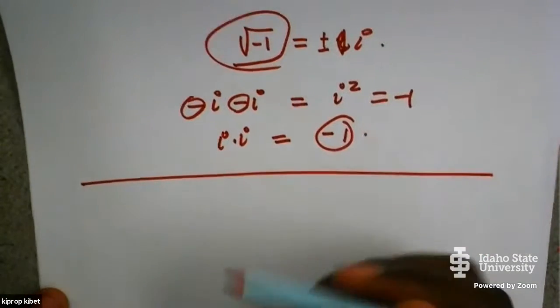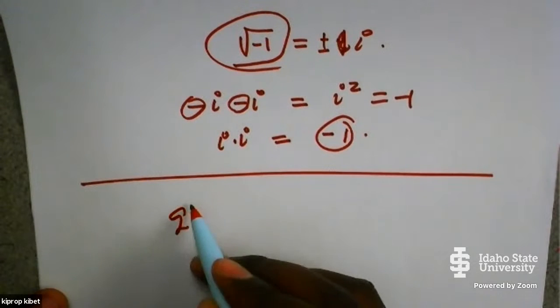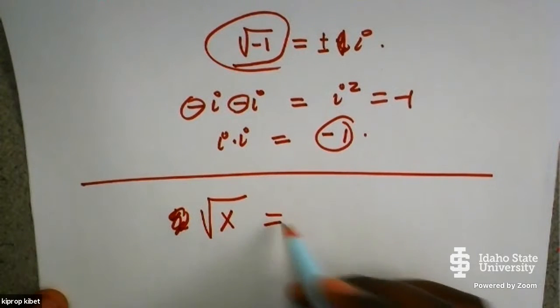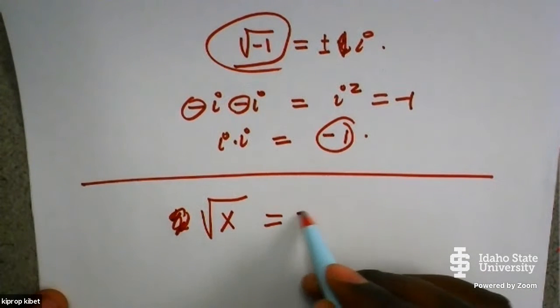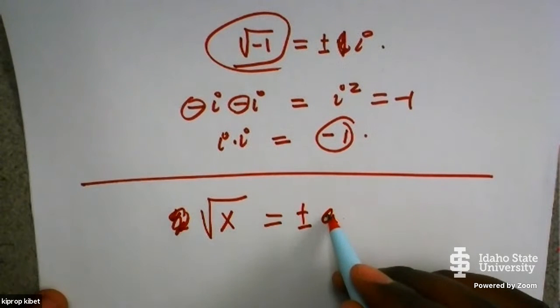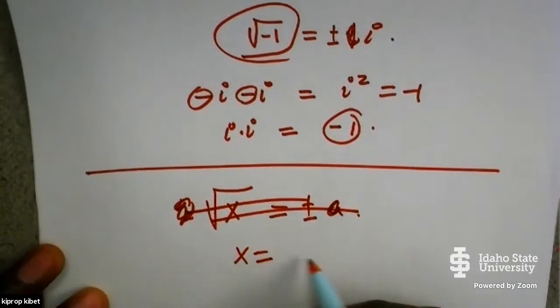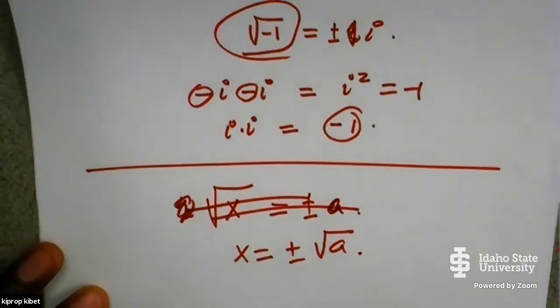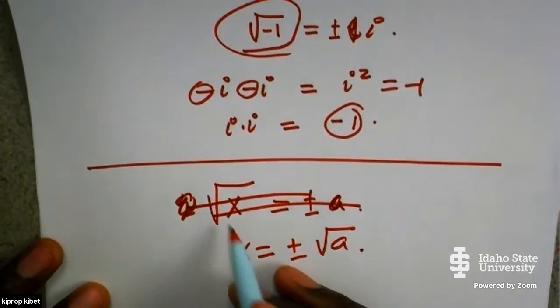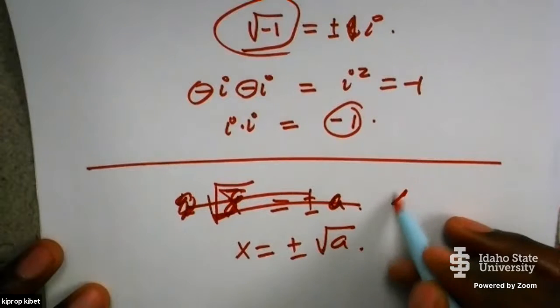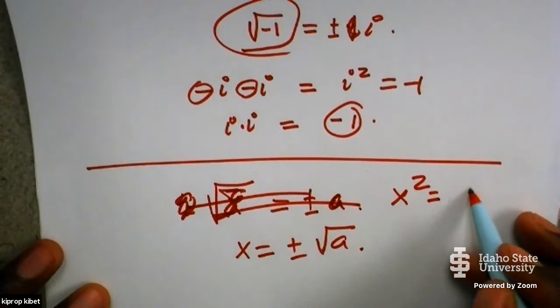So the square root property says, let's say x squared equals 8.